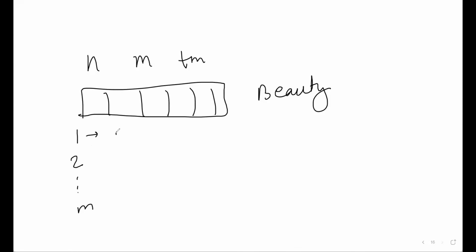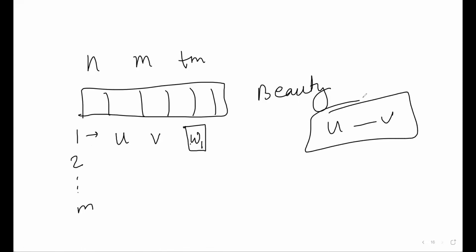This road is from U square to V square, and what is the time taken by it? So W1 is the time that you require to travel through this road from U to V. So you have M roads, so M details are given to you.